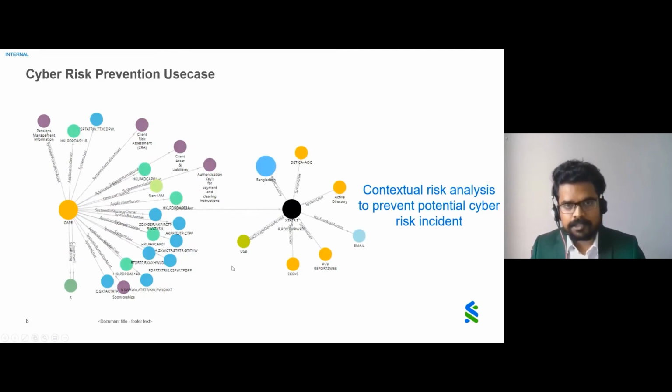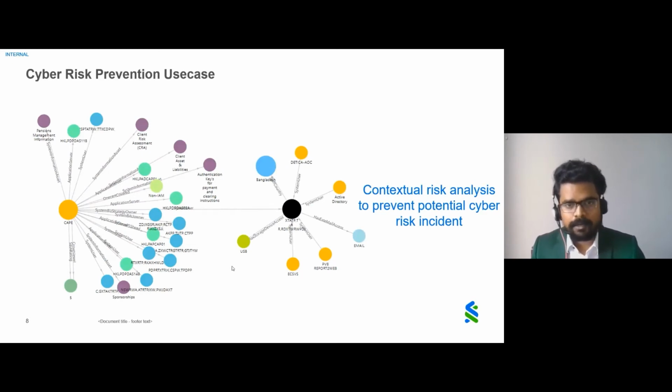The risk owner can completely see the context. Approving such a request could highly possibly lead to a data breach, exposing our confidential information. So they might take a step back and prevent the risk even before it happens.